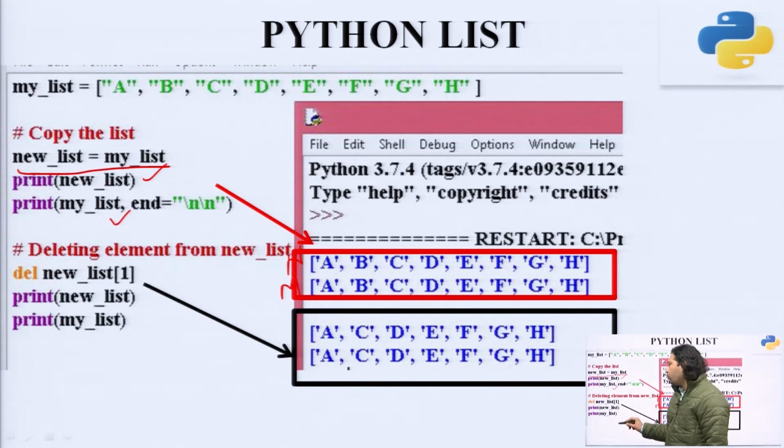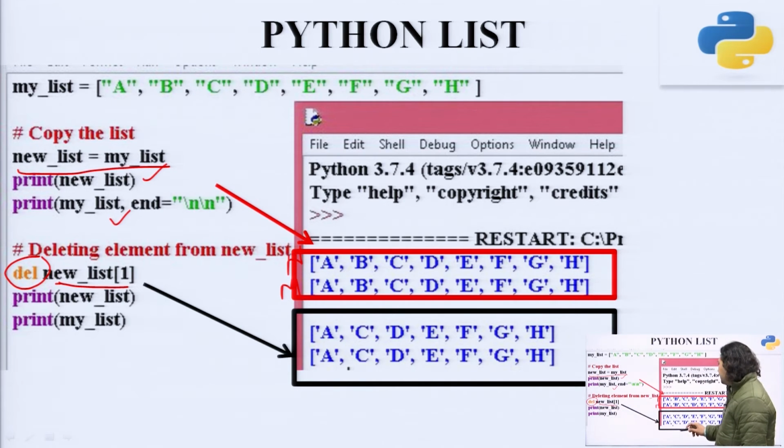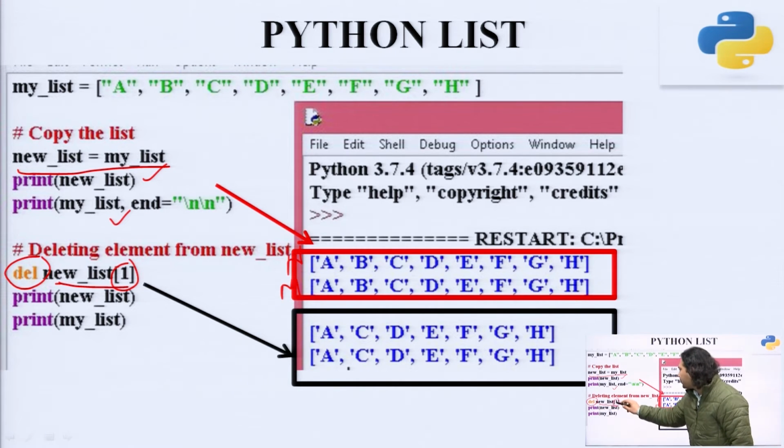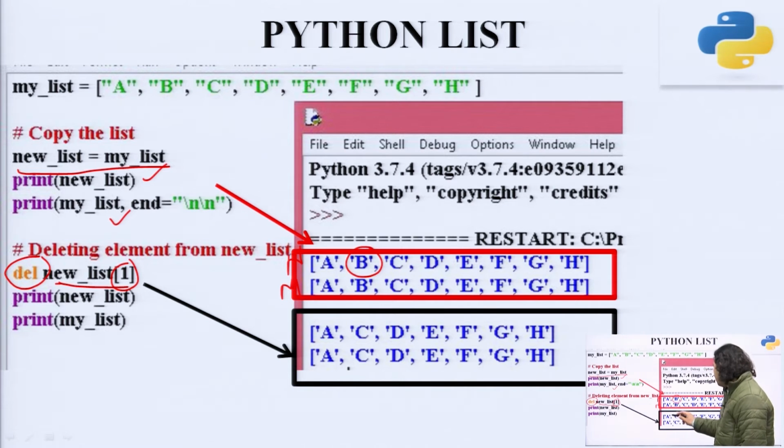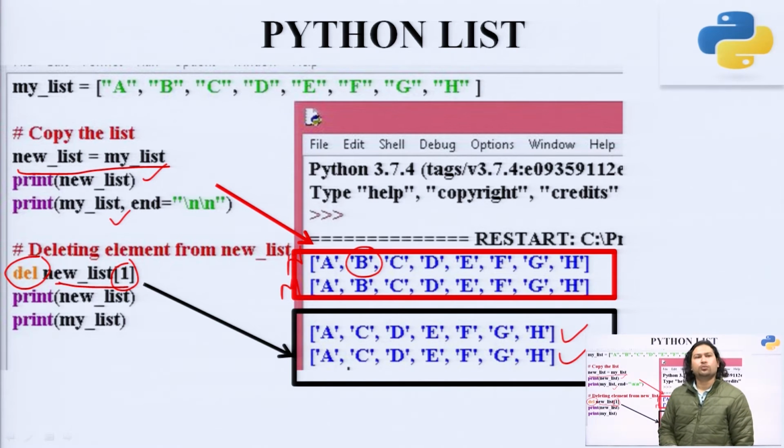But when you perform a deleting operation in the new list, what is happening here? You have deleted one element from the new list, the ball, but it is reflecting in both. That means you have made the changes in the original too.